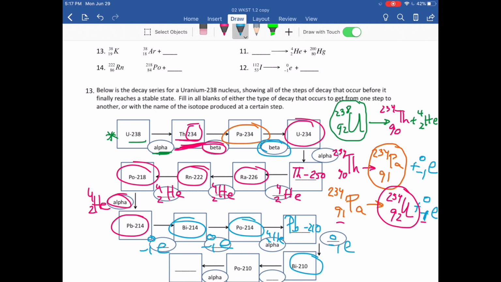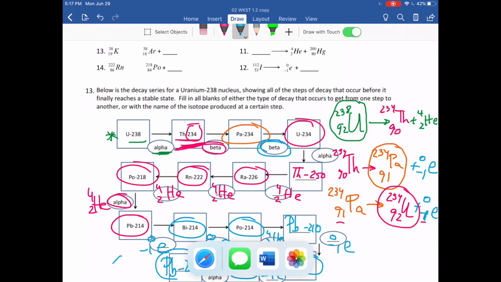The bismuth is going to release a beta particle, 0 minus 1 e, to form the polonium. And the polonium finally is going to release a 4-2 helium, that's an alpha particle, to form lead-206. And this is stable, so that's why we're done with the series.